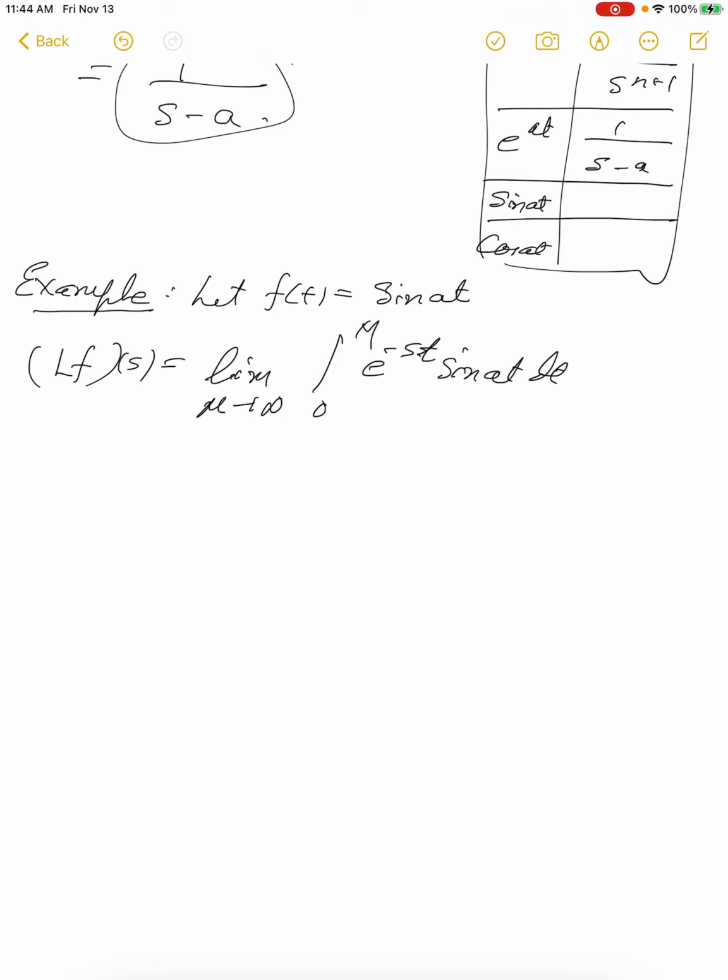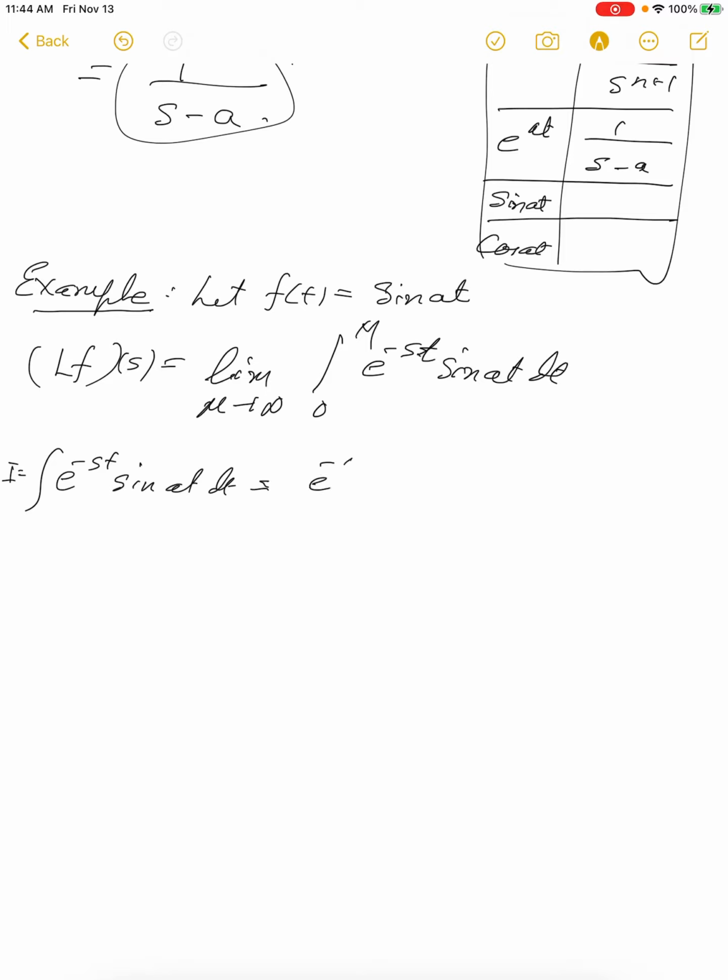So let's do this carefully. Let's call this integral I, the integral of e^(-st) sin(at). We'll worry about the limits later.